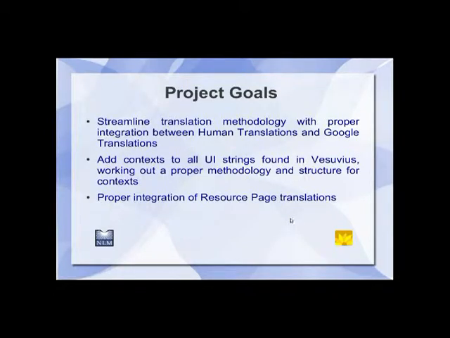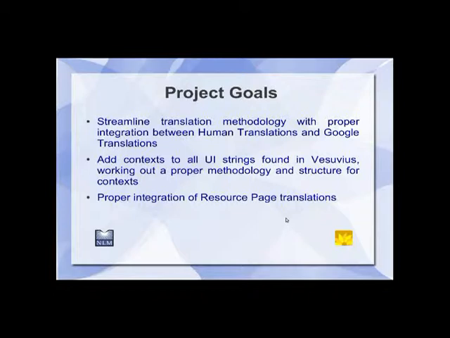Moving on to the project goals. One of the main goals is to streamline the methodology with proper integration between human translations and Google translations, with a level of caching for Google translations.